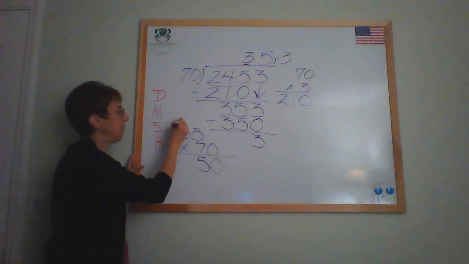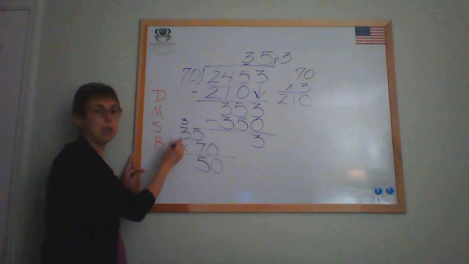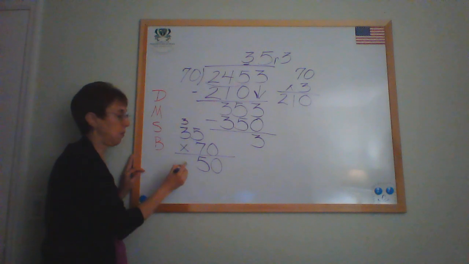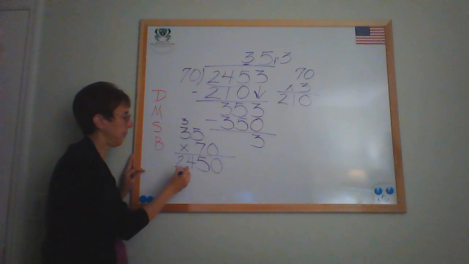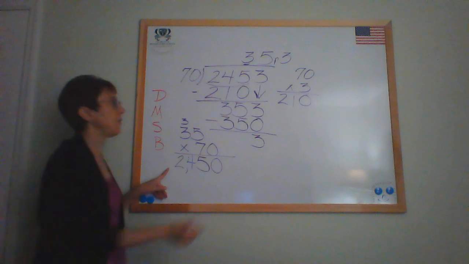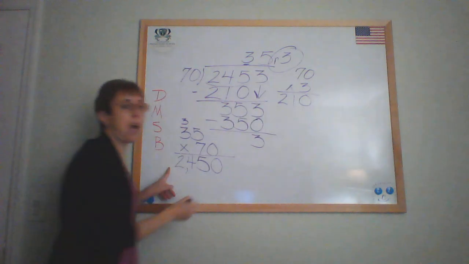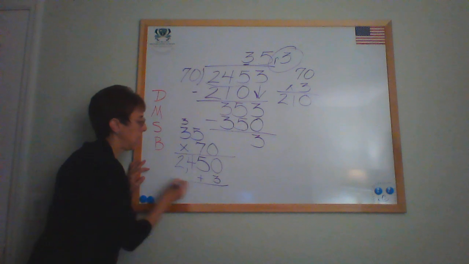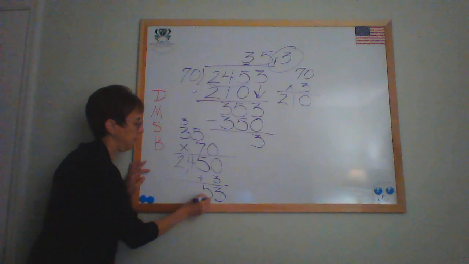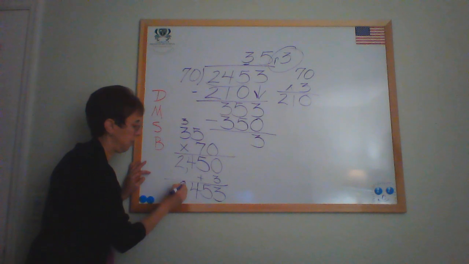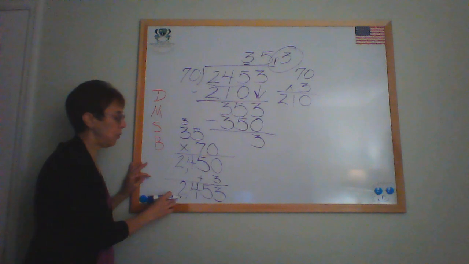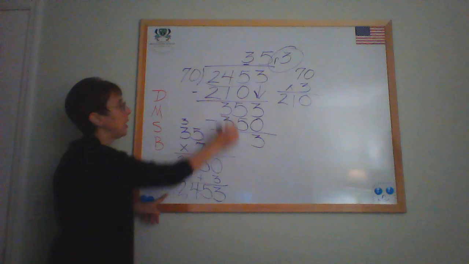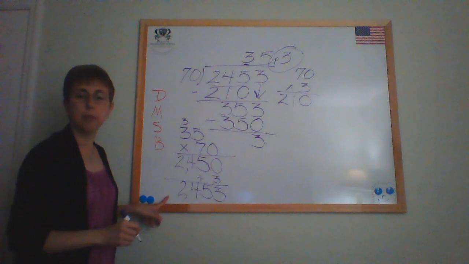Put down the 5, carry over the 3. 7 times 3 equals 21, plus 3 equals 24. 2,450. But don't forget, you always add on your remainder. We add on 3. And 2,453, that is what we started with.